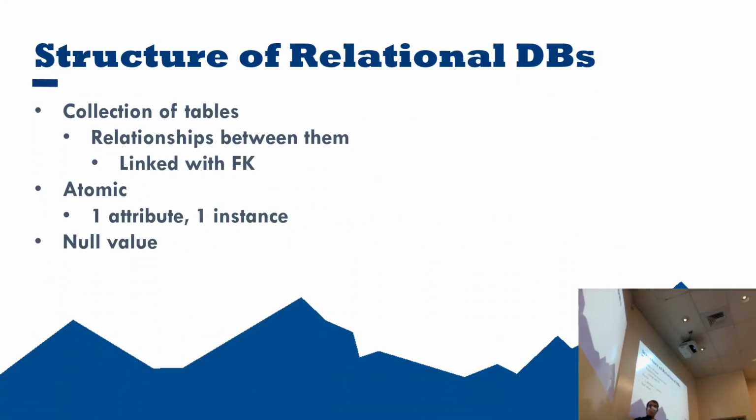All right, structure of relational databases. The idea behind a relational database is that the data is organized into tables. In general, we think of these tables as being nouns. If you think back to your English classes in high school and maybe before that, what's a noun?